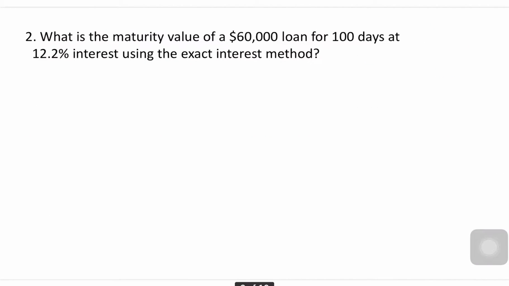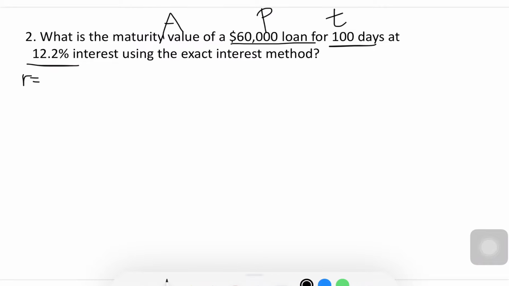Next, number 2, what is the maturity value? We're asked to find A of a $60,000 loan, so that is the principal, for 100 days at 12.2% interest. Divide that by 100%, so 0.122, using the exact interest. So exact, we have PRT over 365.